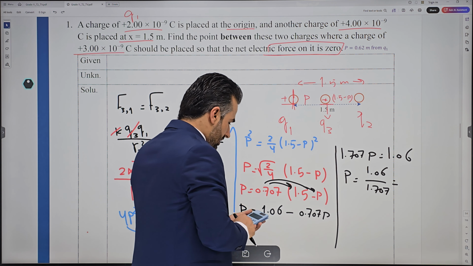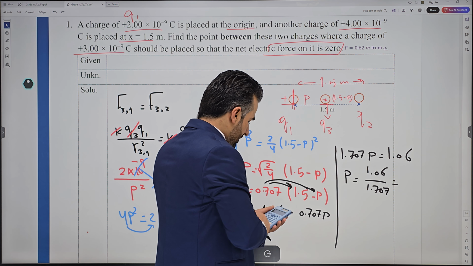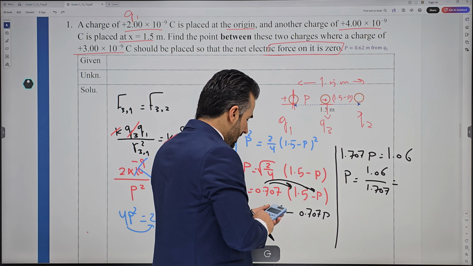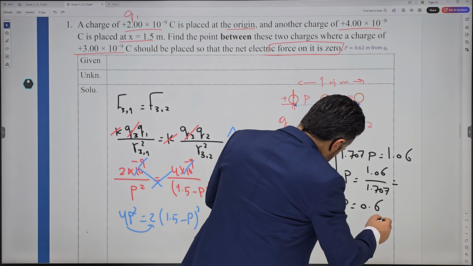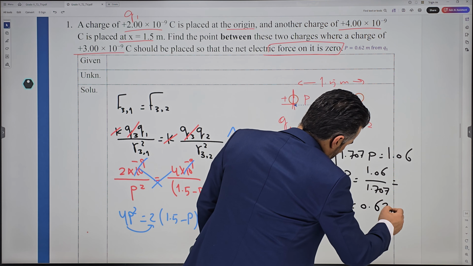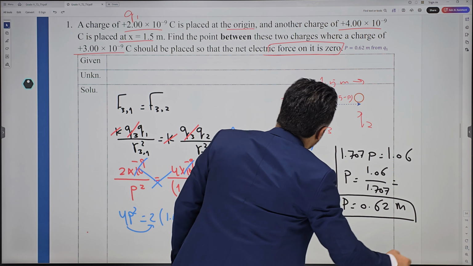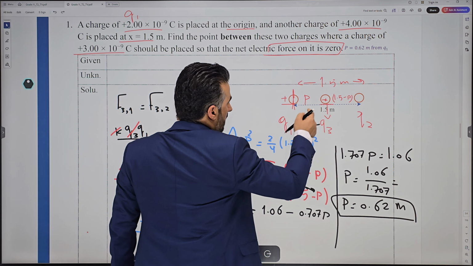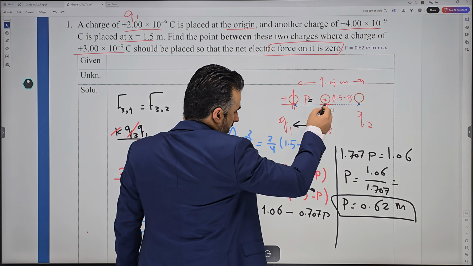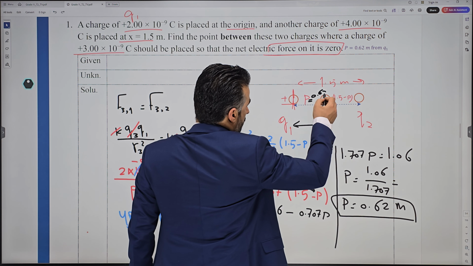Let's find out what it is equal to. 1.06 divided by 1.707, the answer is 0.62. So P, which is the distance between Q3 and Q1, has to be 0.62 meter.